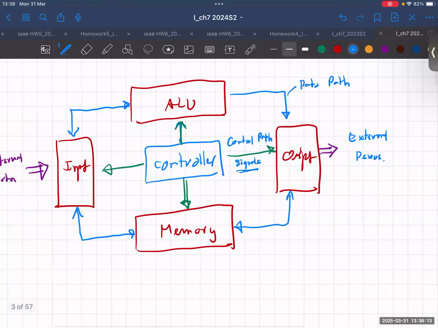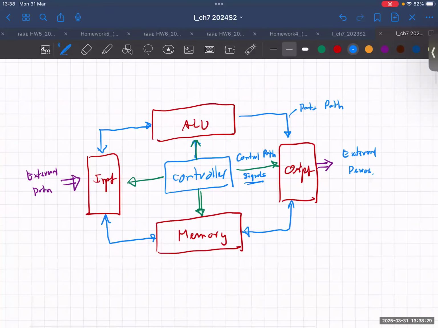So these are basic components in any computer system. Anyway, as you can see, any digital design consists of these things.